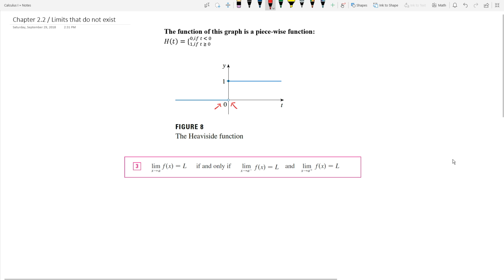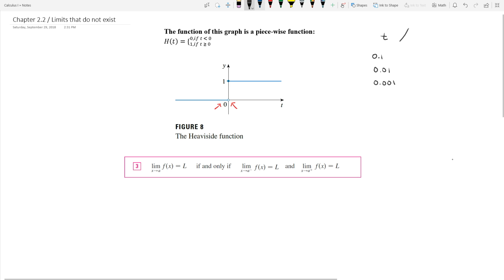We can approach that in a table as we have done before, so that our time can be 0.1, 0.01, and we get closer and closer to 0.